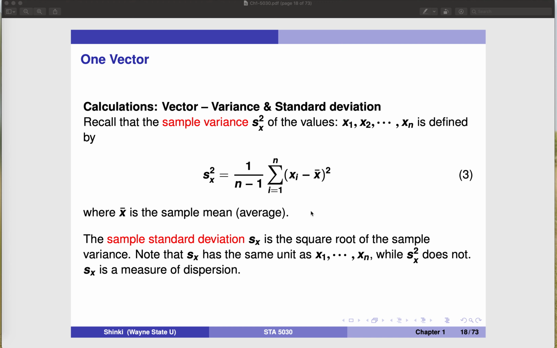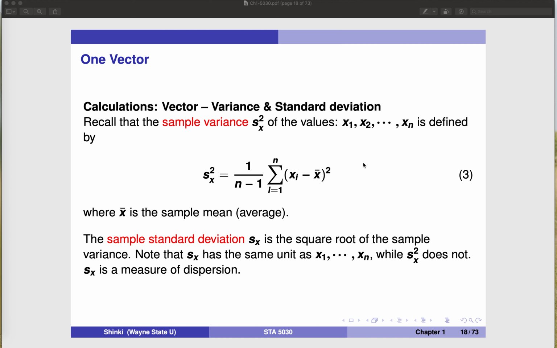We have several different reasons. S sub x square is a kind of distance measure between the center and each observation. What's the distance in Euclidean space? For example, the distance between the origin and the point (a, b) is the square root of a square plus b square.